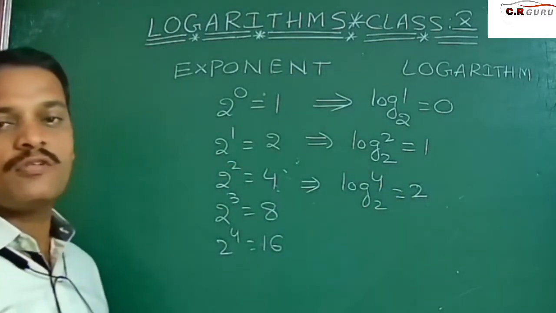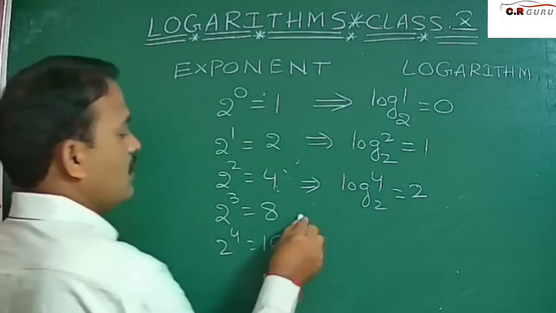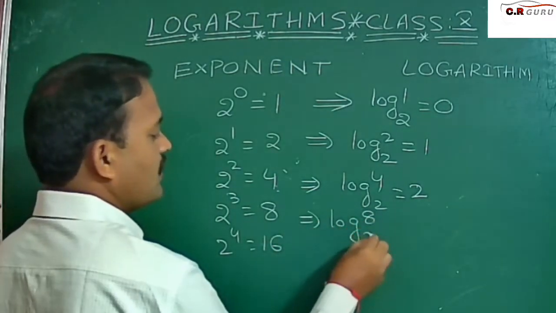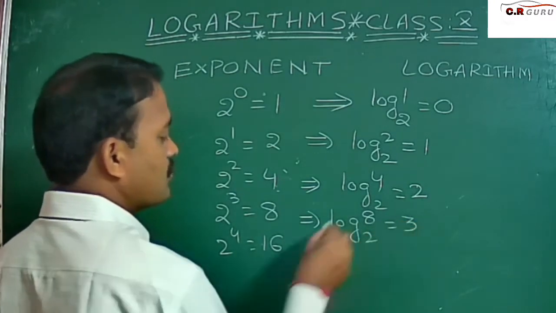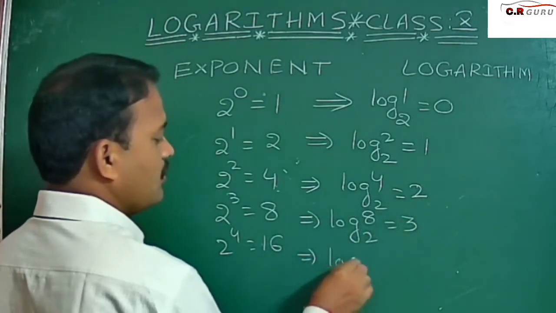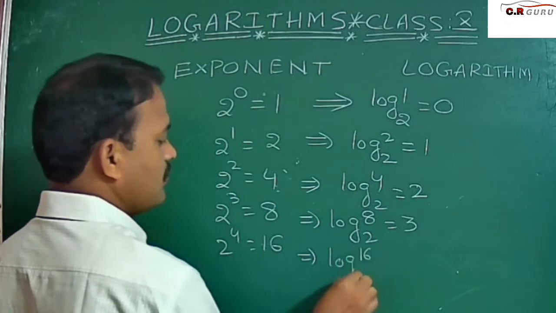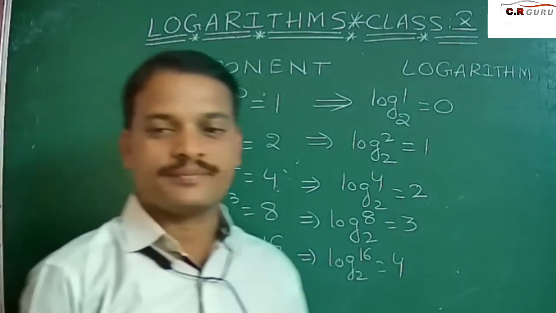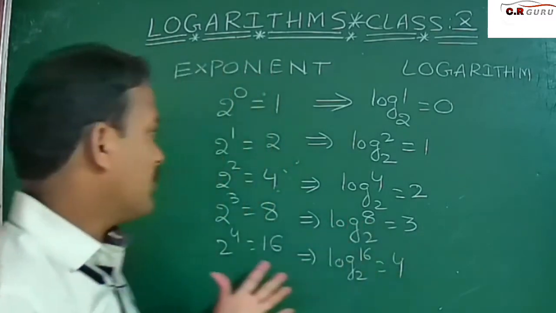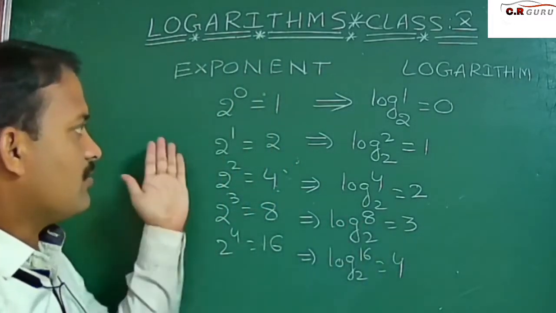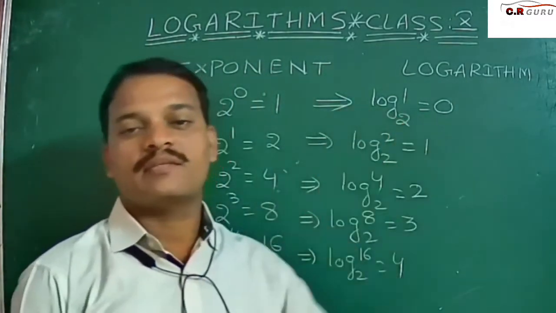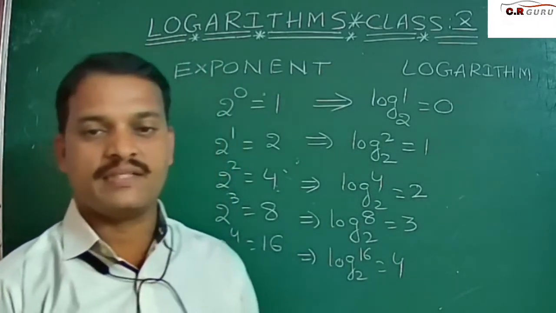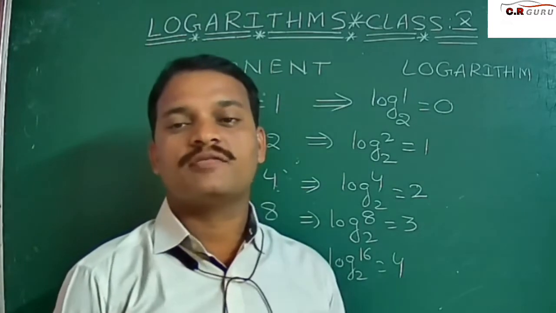Similarly, log 8 base 2 is equal to 3, and log 16 base 2 is equal to 4. So this is about converting the exponential form into the logarithmic form. Next, I want to explain the definition of logarithm.